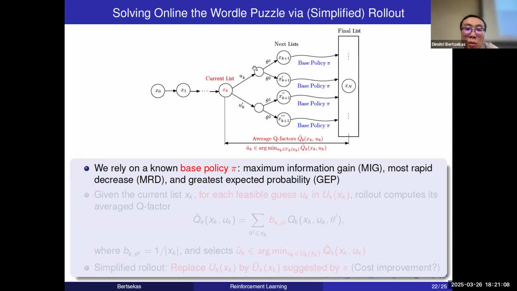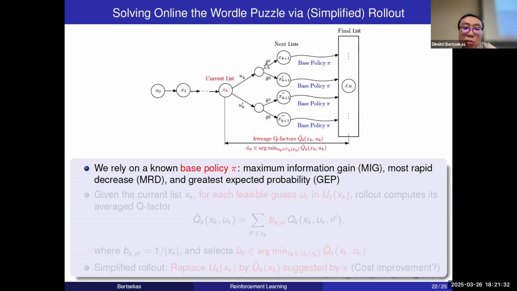And for every one of them, you evaluate, suppose that theta equals the first, theta 1, and equals the second, theta 2. Essentially, the branching here, again, is the number that is contained in the X_k. So all possible mystery words.